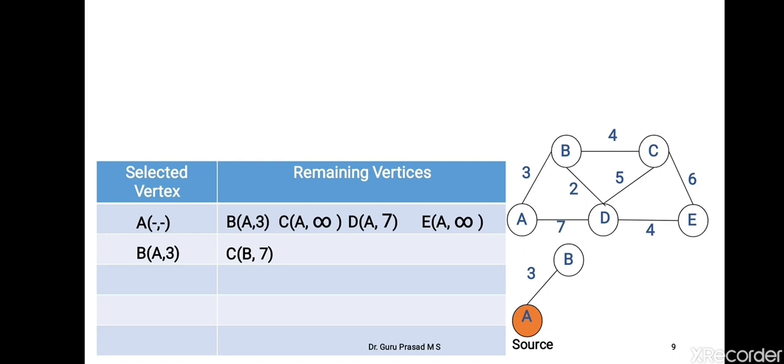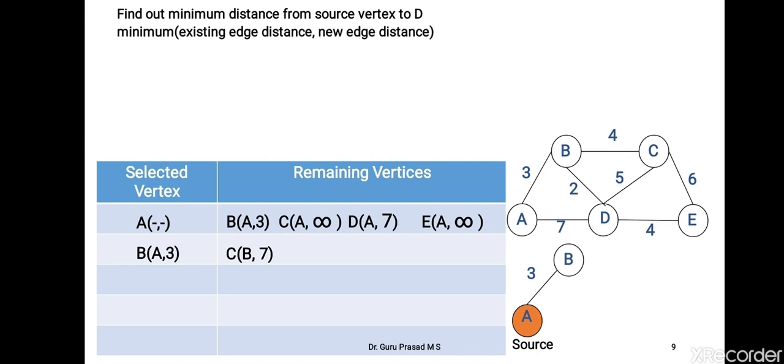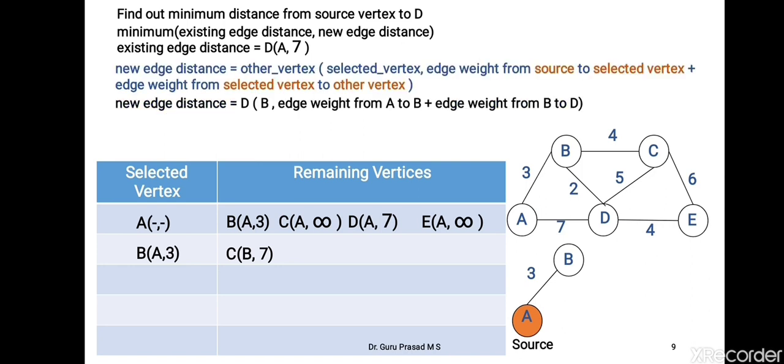Next, find the minimum distance from source vertex to D: minimum of existing edge distance comma new edge distance. The existing edge distance is D of A comma 7. Observe the first row. The value is D of A comma 7. This is the new edge distance equation: D of selected vertex B, edge weight from A to B is 3 plus edge weight from B to D. Observe the edge B to D is 2.